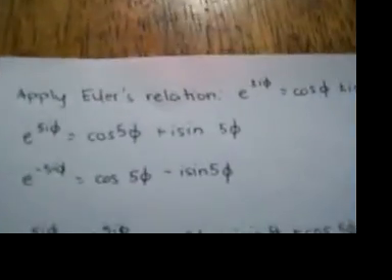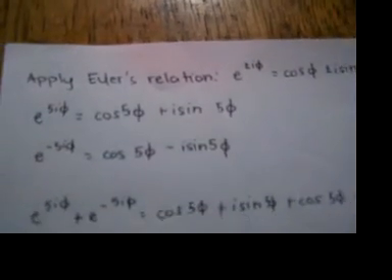Okay, so after getting this, we can simplify the e raised to 5i phi plus e raised to negative 5i phi. What we do is apply Euler's relation: e raised to positive or negative i phi is equal to cosine phi plus i sine phi.